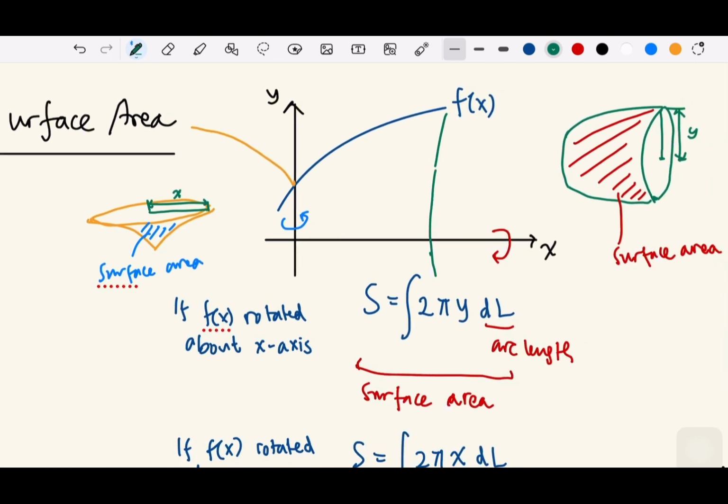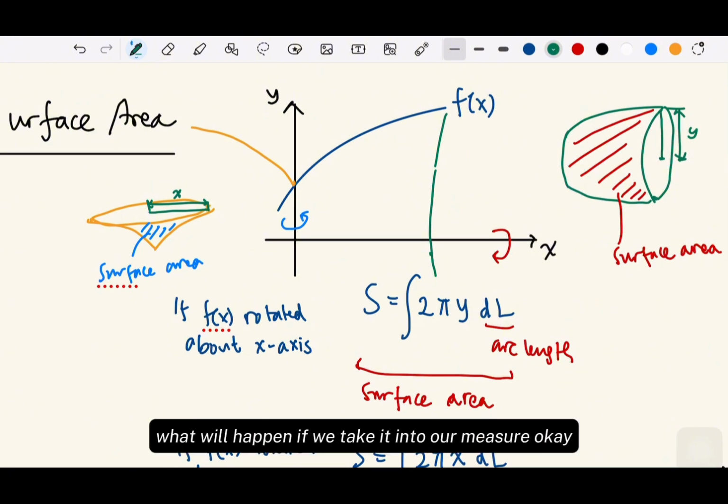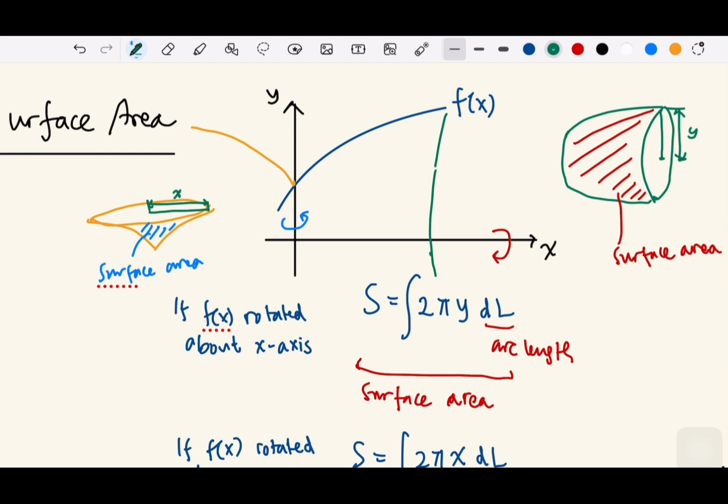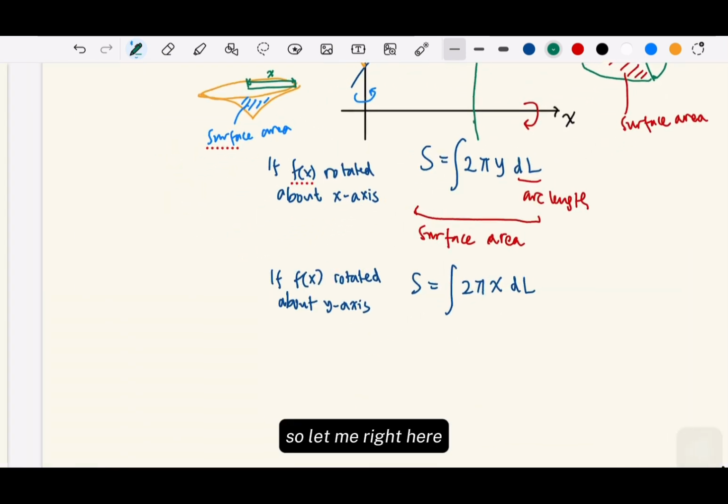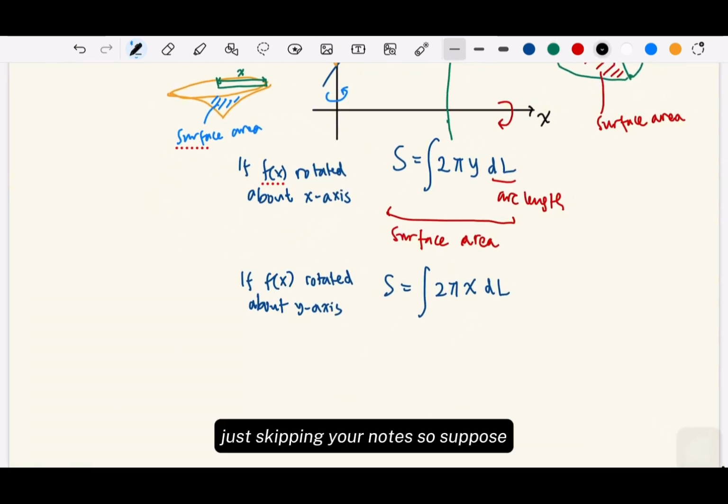Now, what will happen if we take it into parametric form? Let me just write the formulations here, just giving you notes.